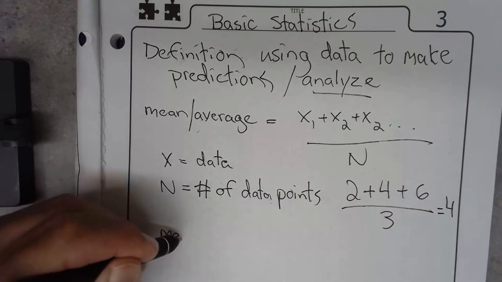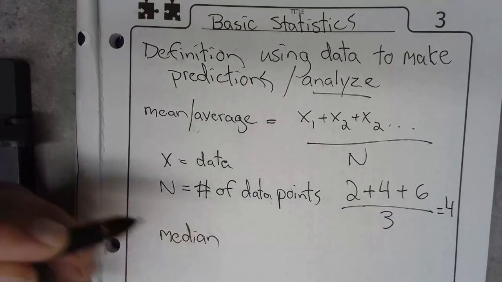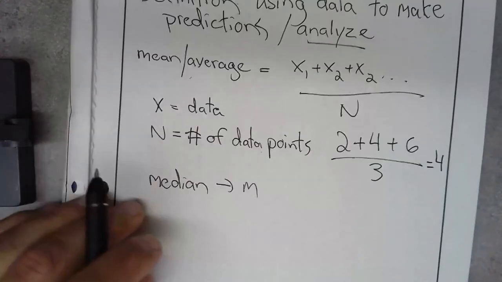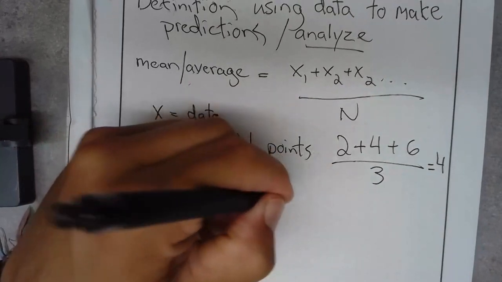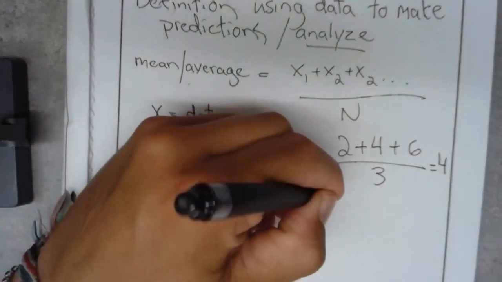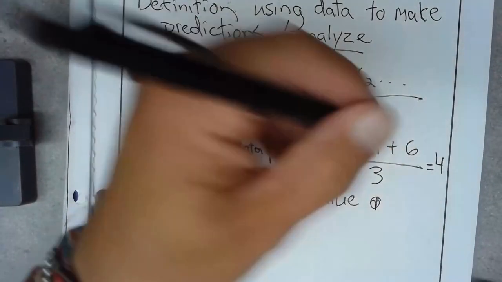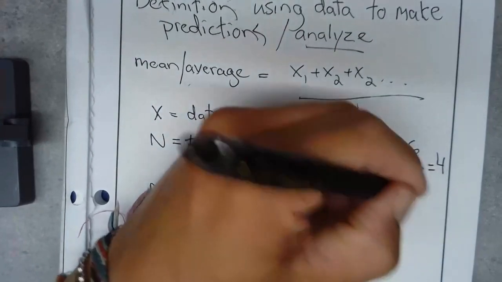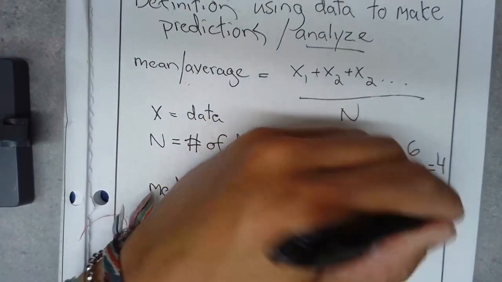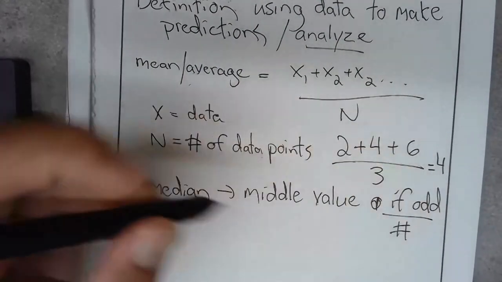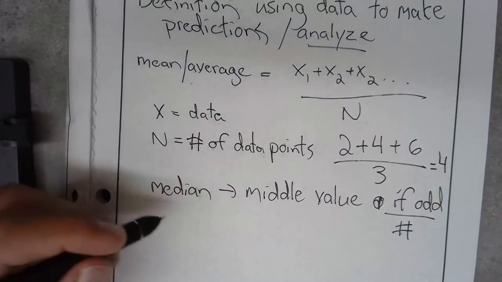All right, median. Okay, median is the middle value. And if it is an odd, so if there's an odd number, it will be the middle value.